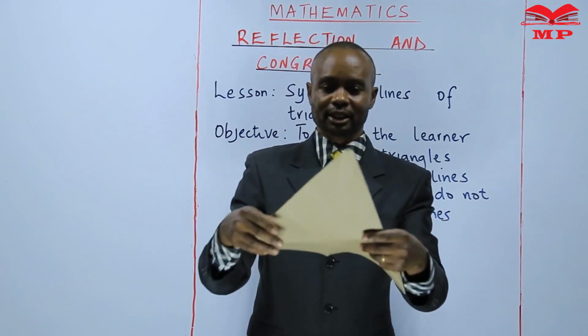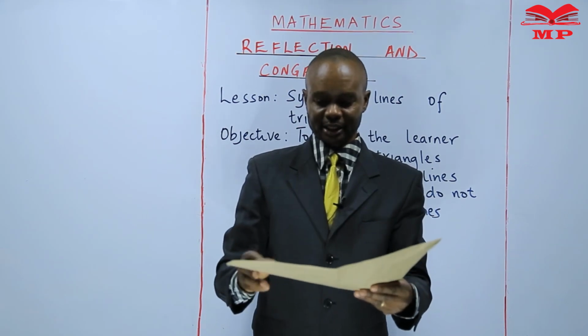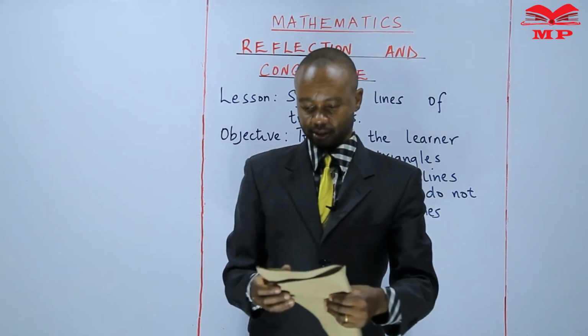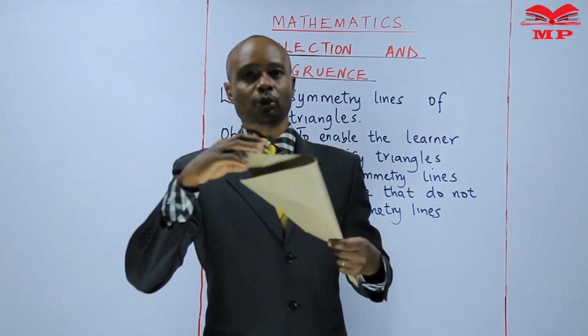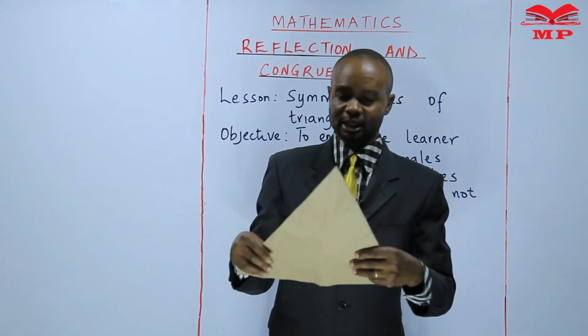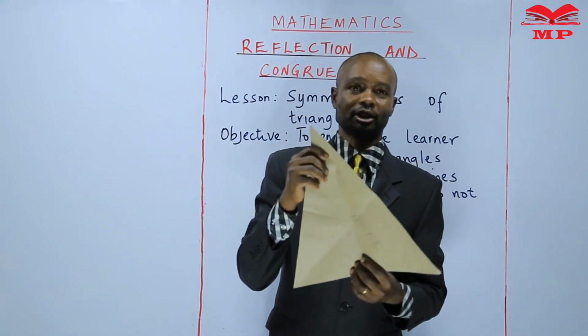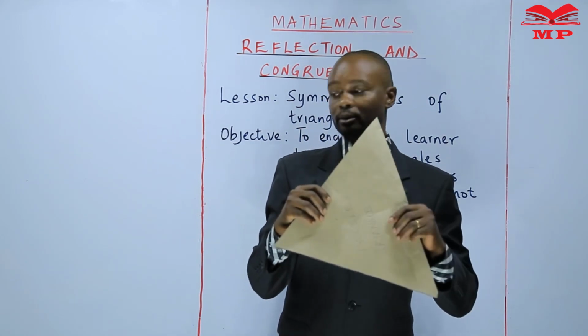If I try the other non-equal side, I'll still get the same thing. So we eventually realize that an isosceles triangle will only have one line of symmetry, one line that can divide it into two equal parts.